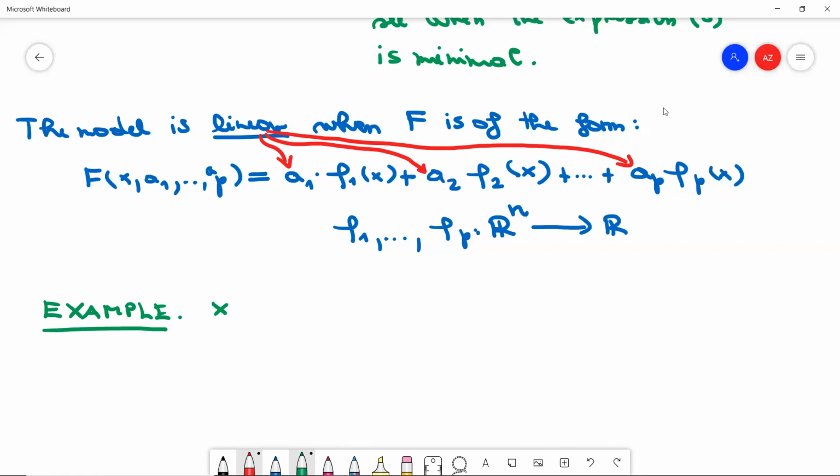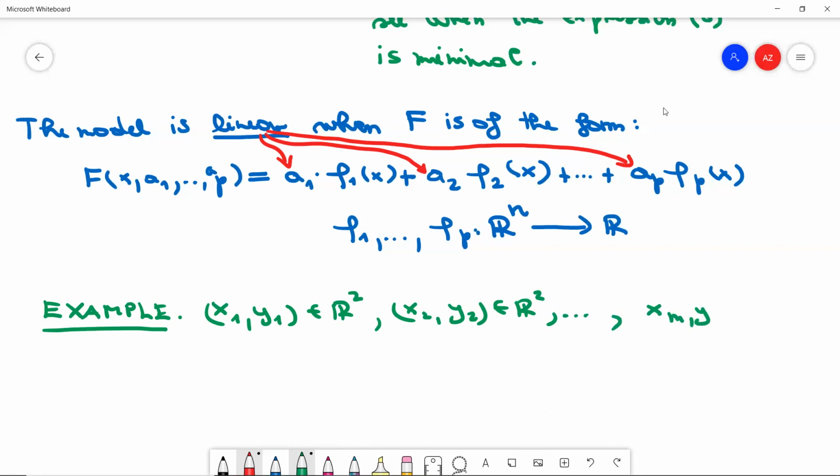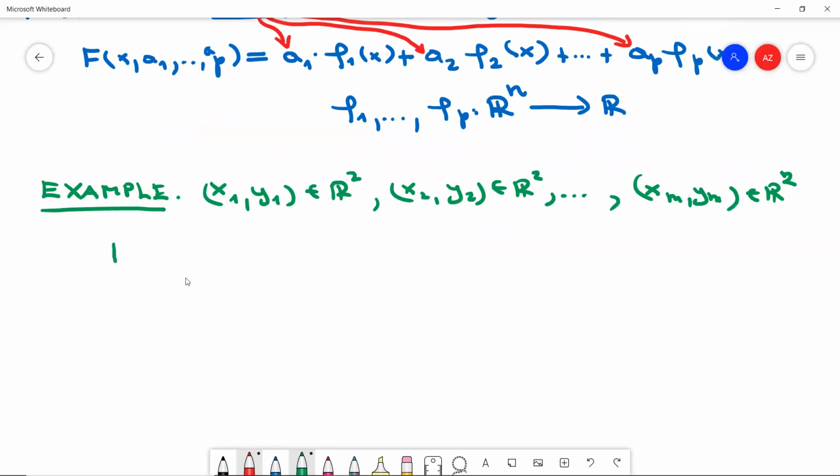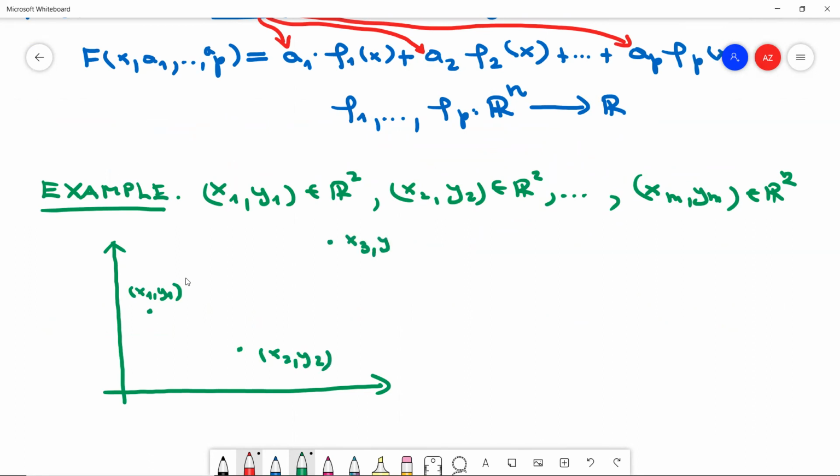If you have x1, y1, let's say that this is some point in the plane. x2, y2 is again some point in the plane, and so on. xm, ym is a point in the plane. Those are our points.